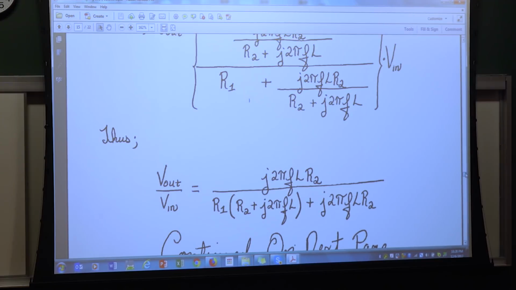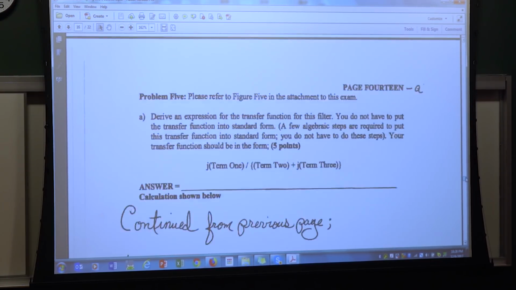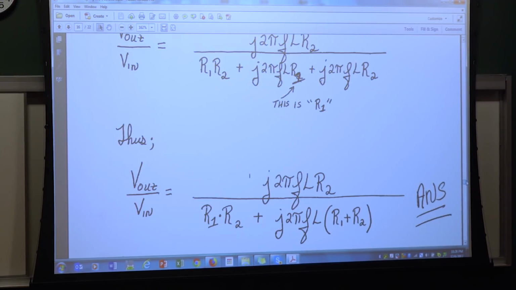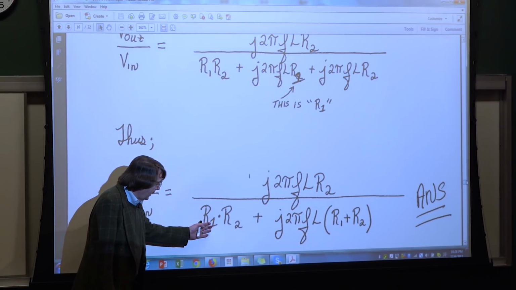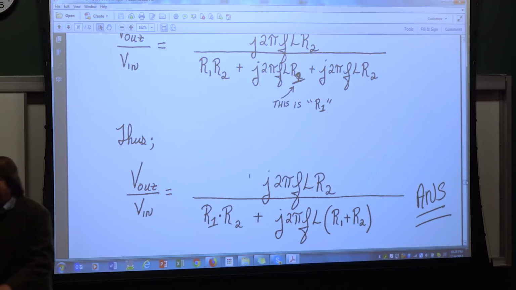And my colleagues, a little bit of algebra, and we got it. We now wrote it in the form of J 2 pi FL R2 over some constant plus J times another constant. That's what I asked, and you did it.